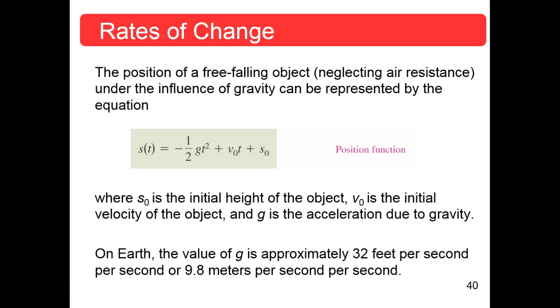S of t, where S stands for displacement, as a function of time is minus 1/2 g, acceleration due to gravity, and that's 32 feet per second squared, or 9.8 meters per second squared, plus v0 t plus s0. That's the position function.